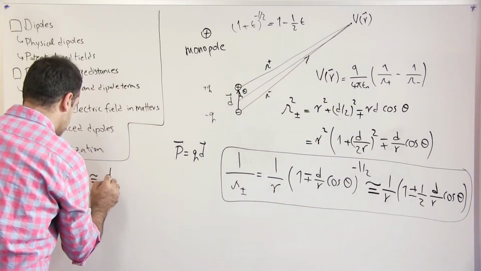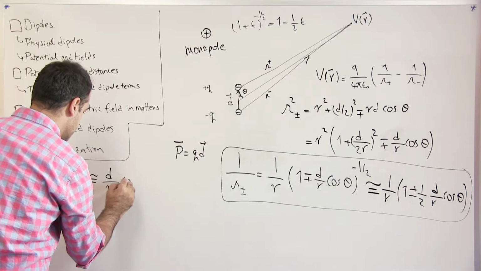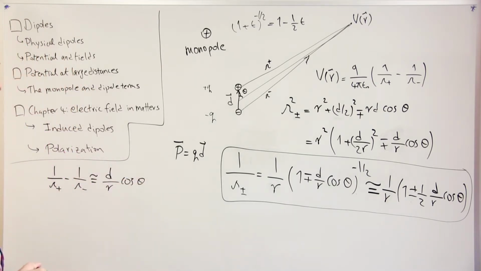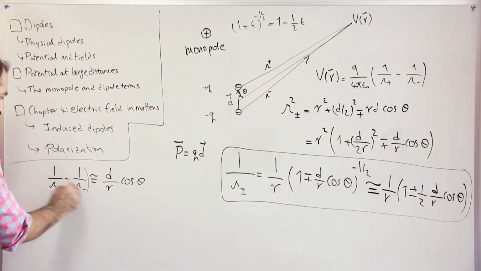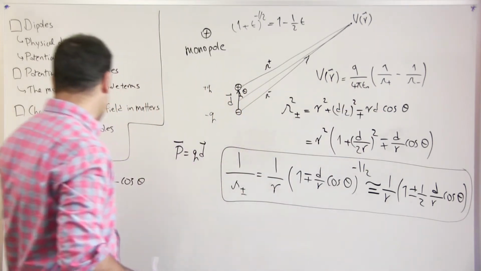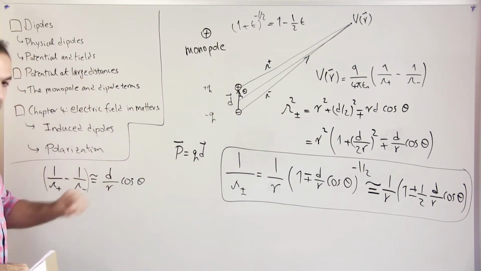That becomes D over R cosine theta. Sounds good? So the whole thing in the brackets simplifies to D over R cosine theta.